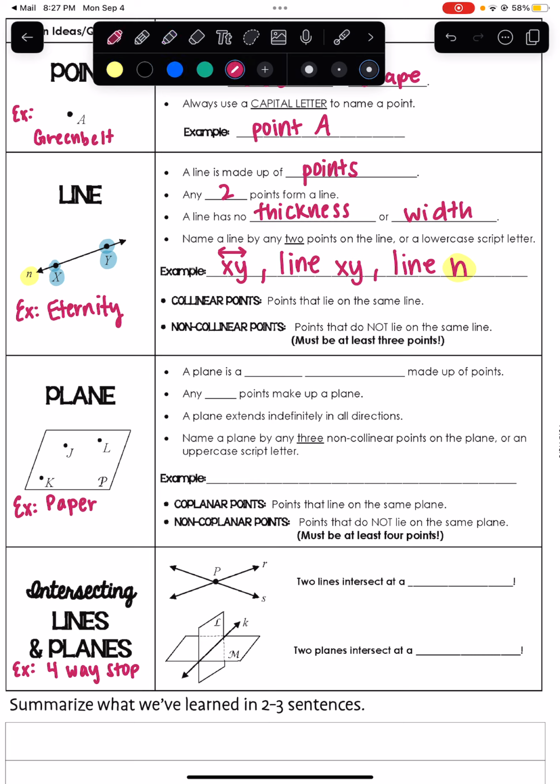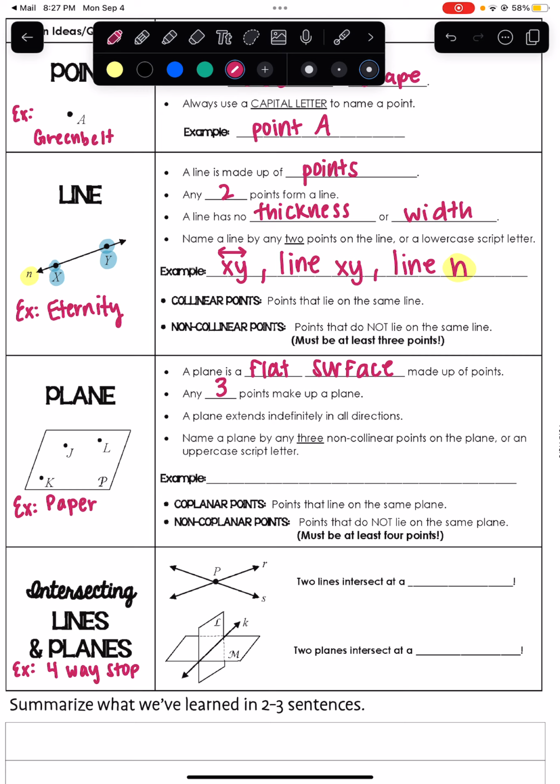Cool. So then we have the plane, and a plane is a flat surface made up of points. So that's where our example of paper comes in. So it's like a piece of paper, like it's flat, but there are points on it, on that piece of paper. So any 3 points make up a plane.